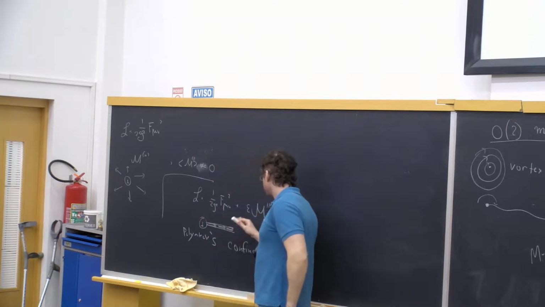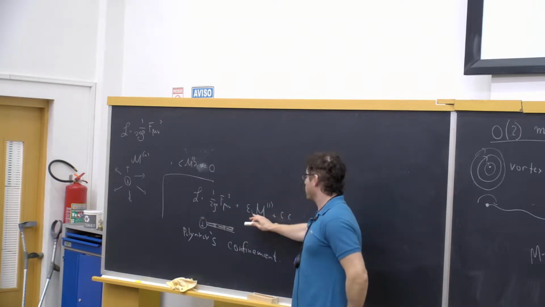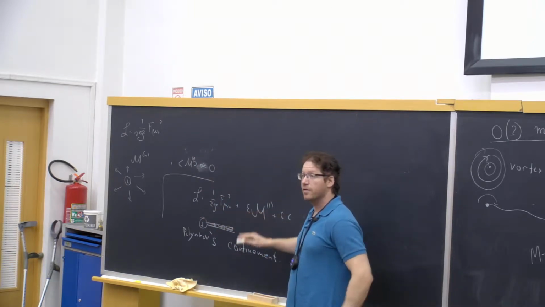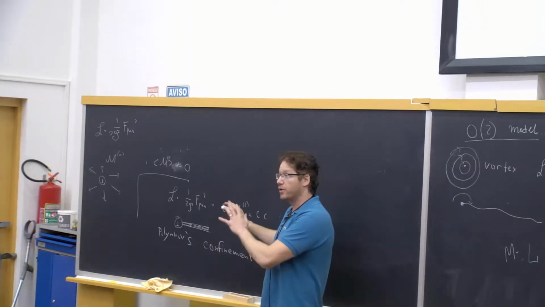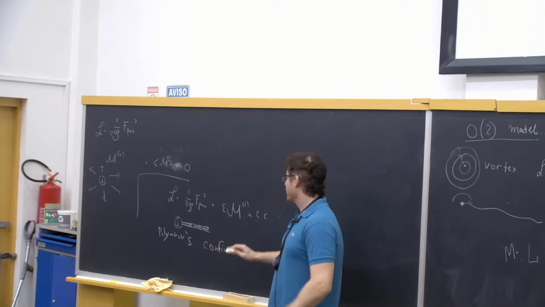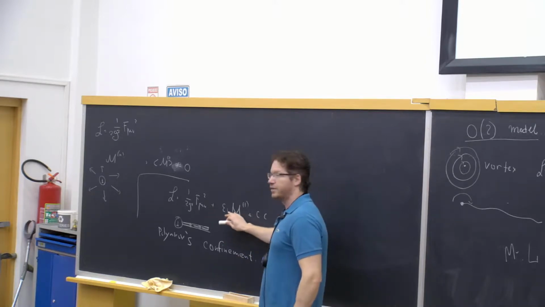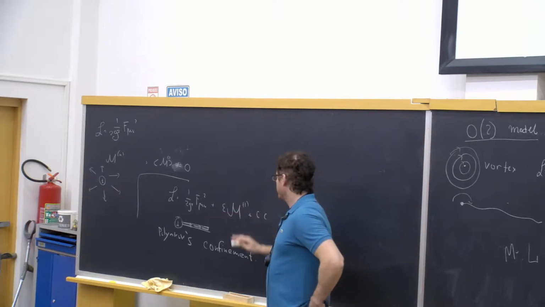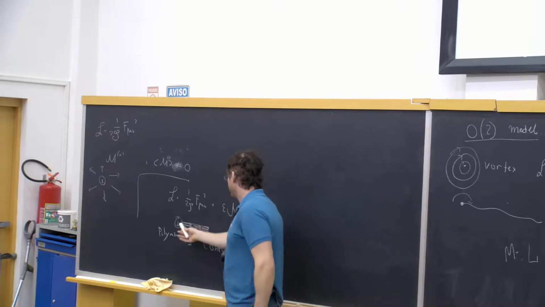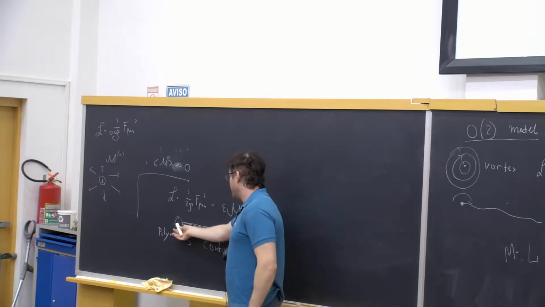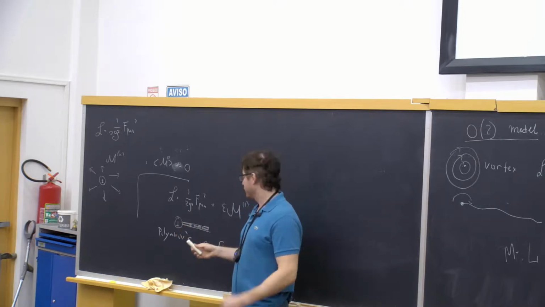And then I mentioned that when we add monopole operators to the Lagrangian, if you just take the Lagrangian of pure Maxwell and add a monopole operator into the action, which is hard to write explicitly, but you can do computations by expanding in this perturbation, then the electric charges are confined.